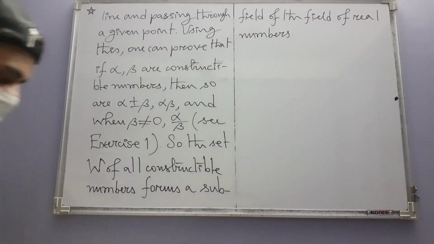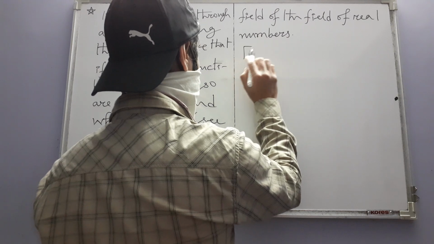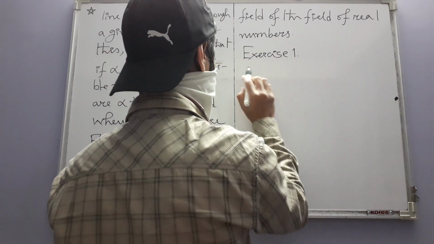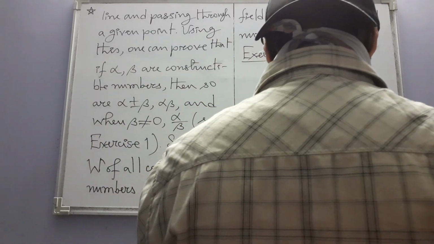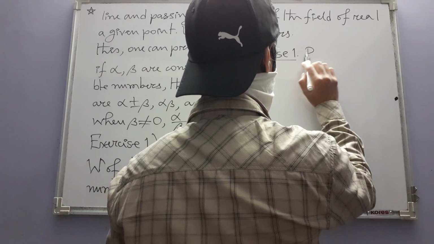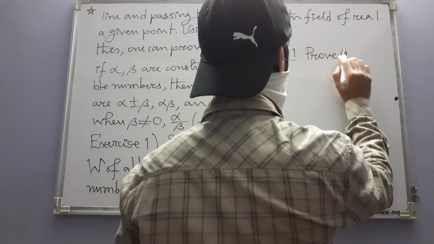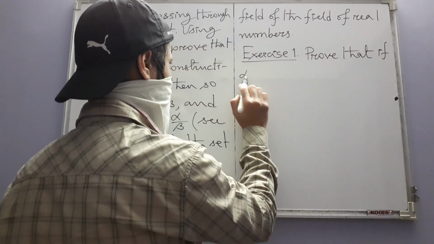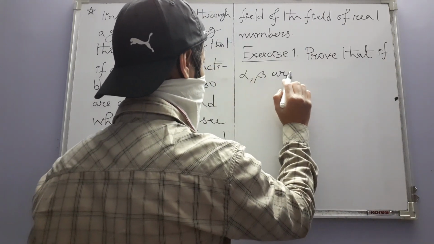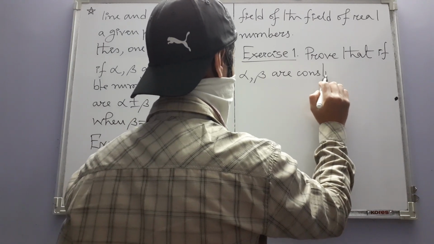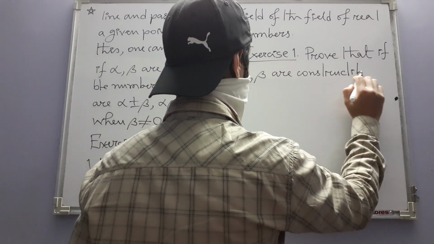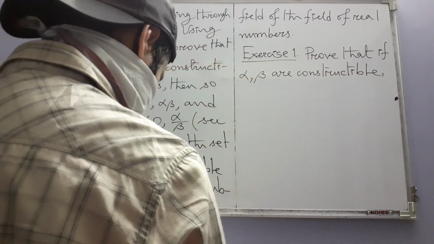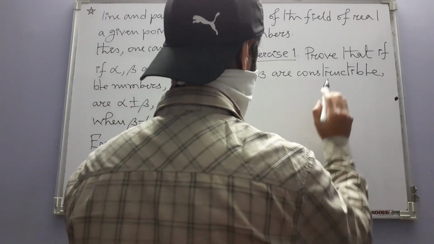So the exercise 1 is just this. Prove that if alpha, beta are constructible, then so are, that means basically just this.